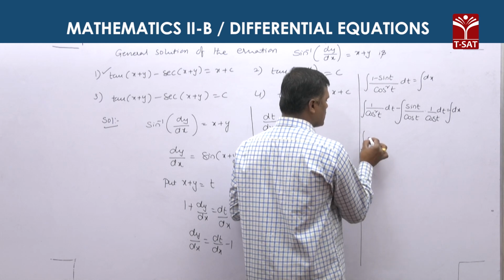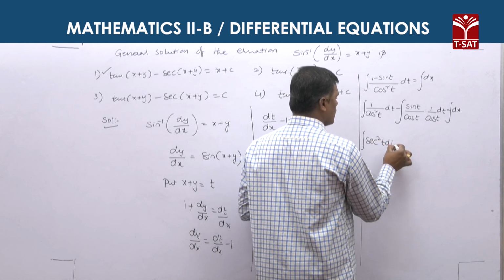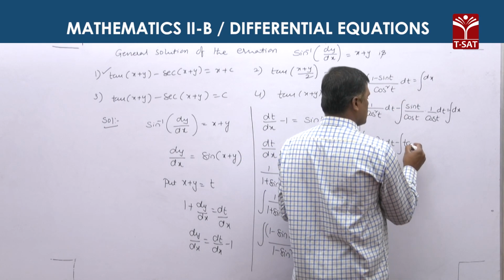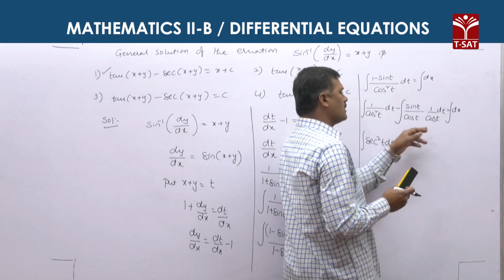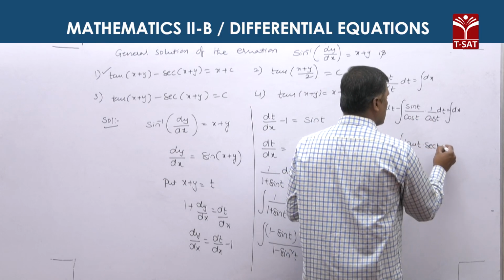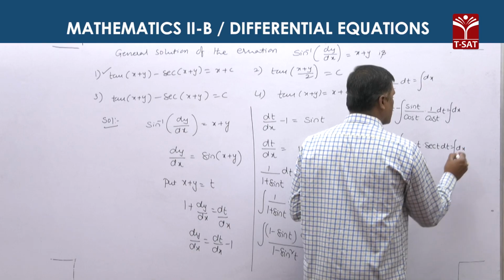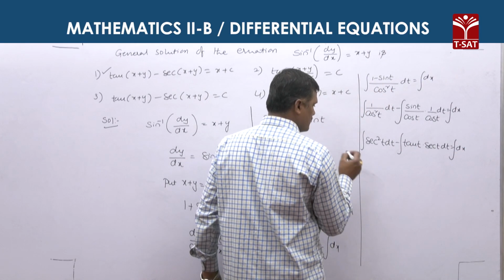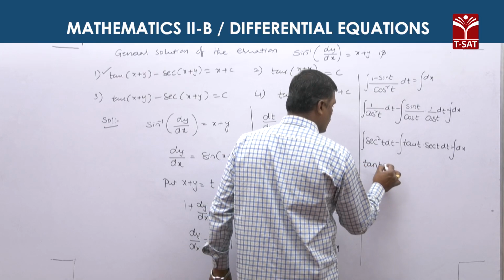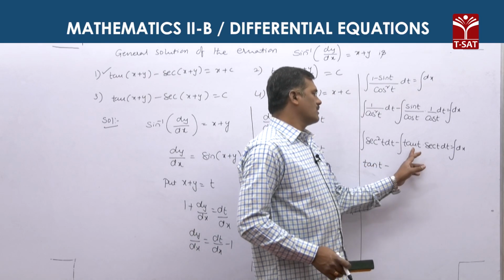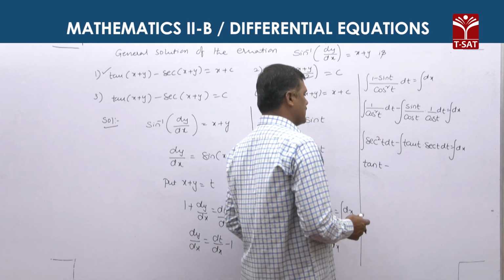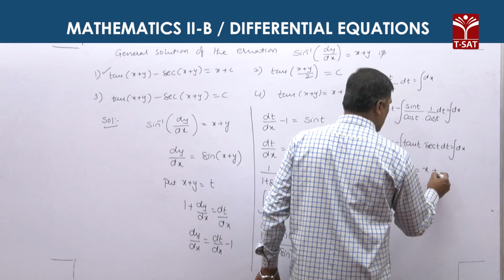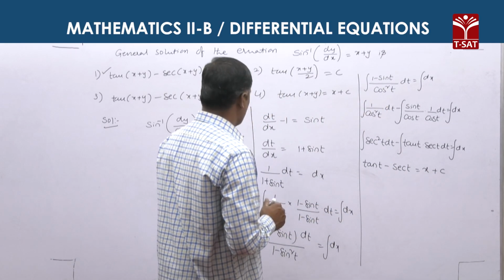1 by cos square t is nothing but secant square t dt, minus integral of sin t by cos t, which is tan t, into 1 by cos t, which is secant t, into dt, is equal to integral of dx. You know the integral of secant square t dt is tan t, minus integral of tan t secant t is equal to integral dx, which is x plus c.